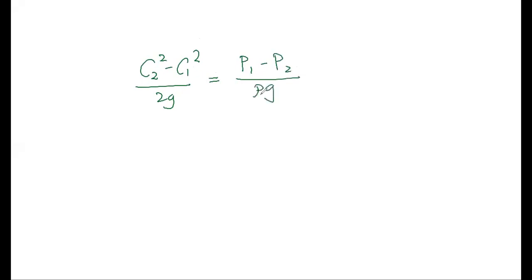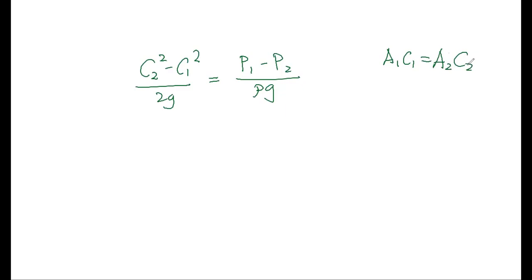What we have just now was C2 square minus C1 square over 2G equals P1 minus P2 over rho G. There are two velocities here, C1 and C2, but we are not interested in two velocities. We just need one of them. So we can do some substitution. The substitution we use is A1 C1 equals A2 C2.